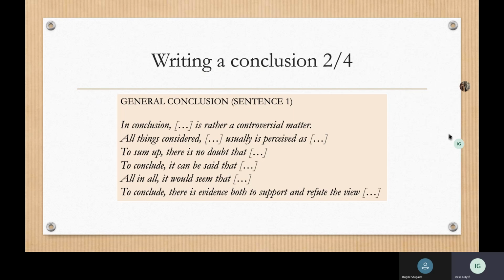If we take a look at the following examples, you can see that there is no doubt that it can be said that you could write the first argument that you have used in the main part of the essay, as you can state that this and that certain matter is positive, or there are its advantages, but on the other hand, it is kind of lacking, it has disadvantages, and so on and so on.